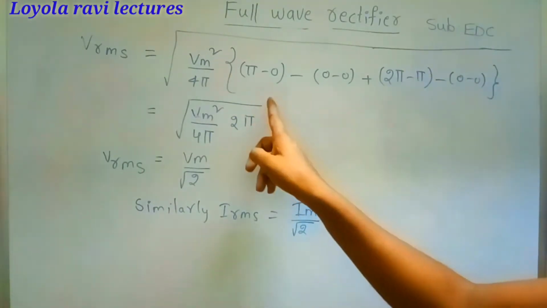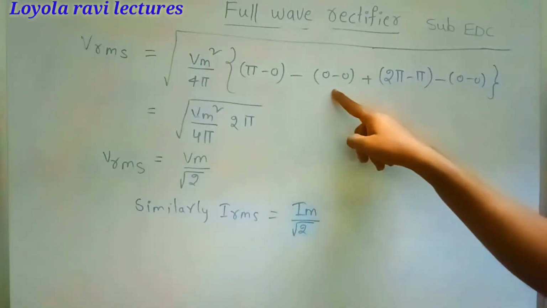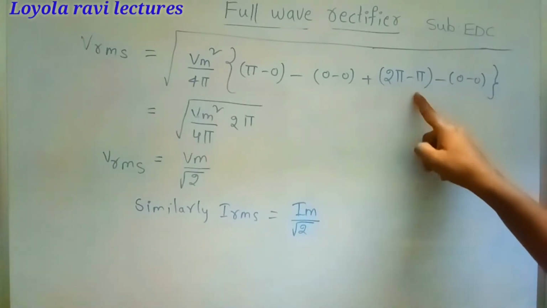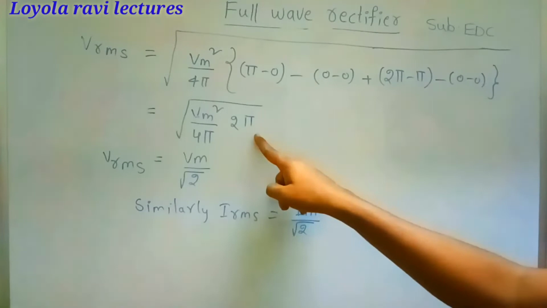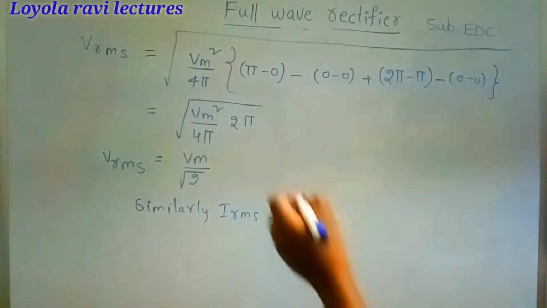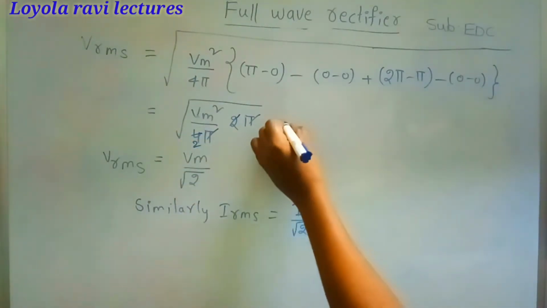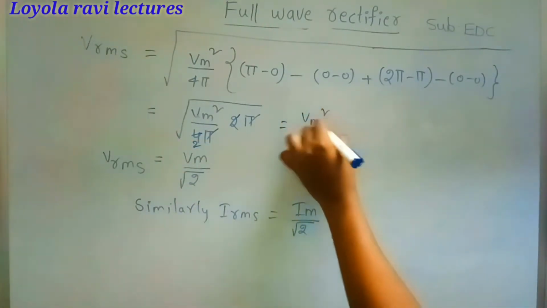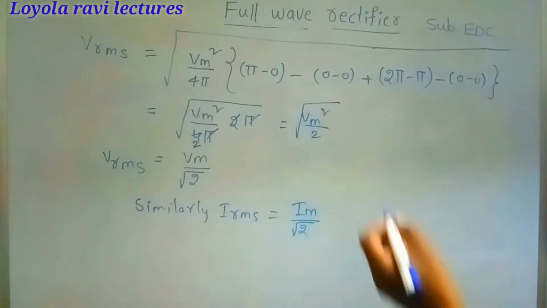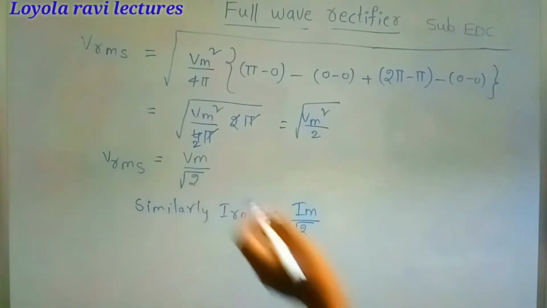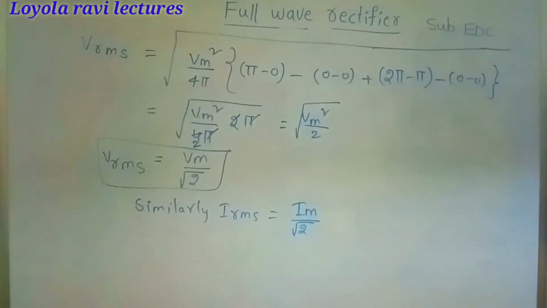Then simplify that: square root of Vm square by 4 pi into pi minus 0 plus 2 pi minus pi, that is pi plus pi, 2 pi. So pi gets cancelled, and 2 over 4 gives 1 over 2. Then we have square root of Vm square by 2. The square root of Vm square cancels, then Vm by root 2. So VRMS is Vm by root 2.